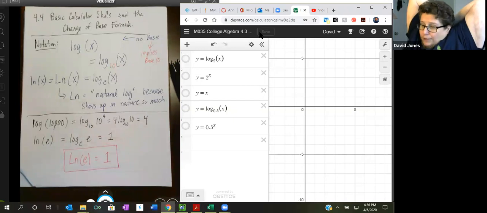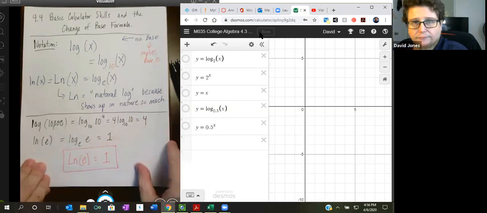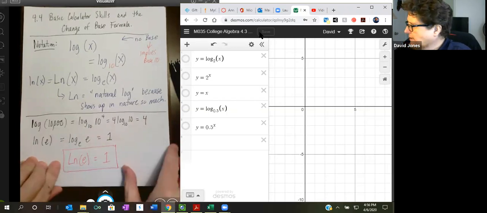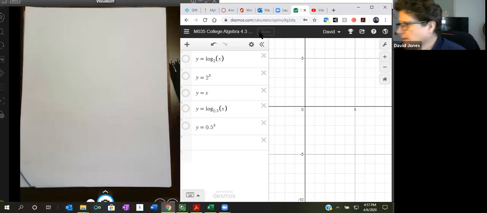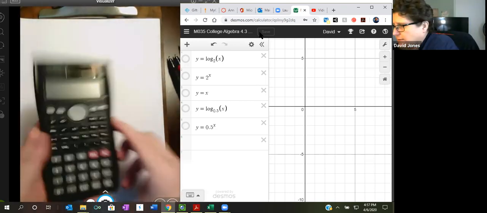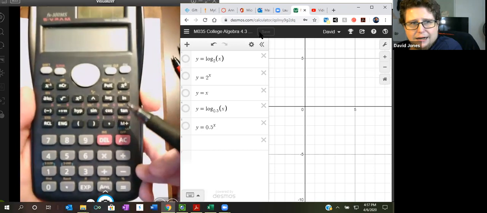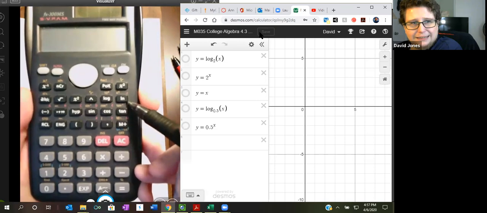Okay, so let's look at playing with the calculator some. So let's look at my calculator. And I'll try to show you where it shows up. I have a log key right there and an ln function there.